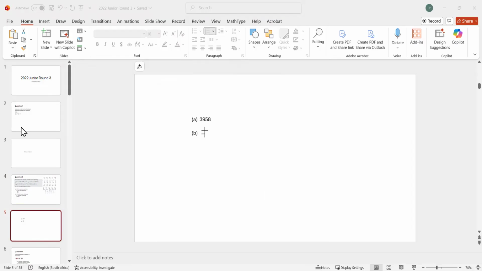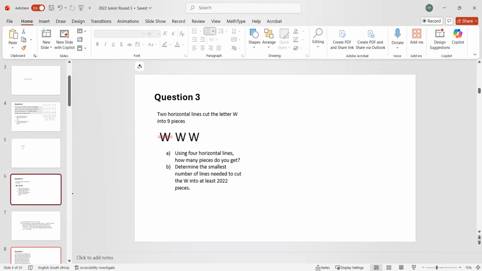Okay, let's get on to question 3. Question 3 says the following: 2 horizontal lines cut the letter W into 9 pieces. Okay, so when it's drawn here, this line, how do we get 9 pieces?